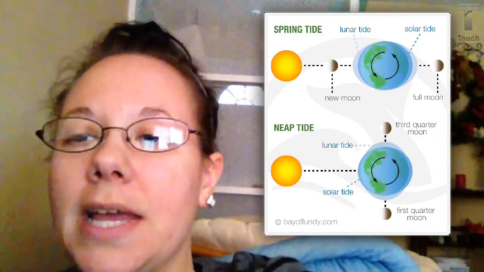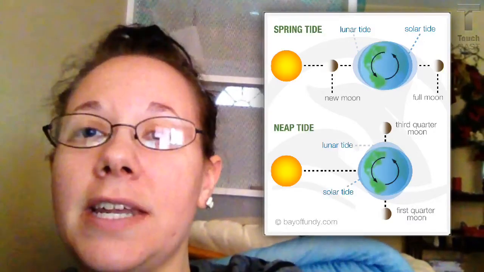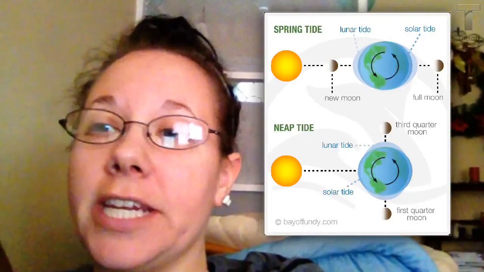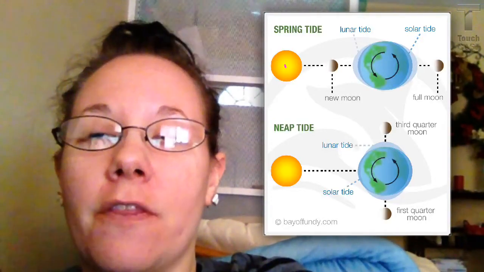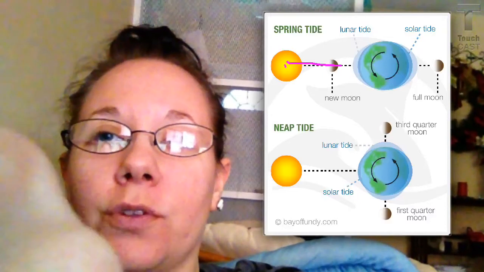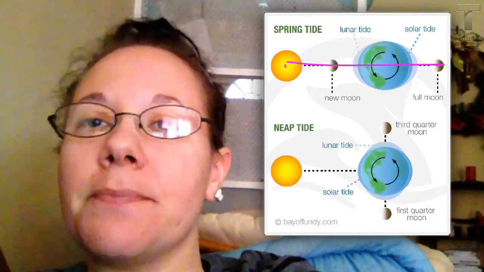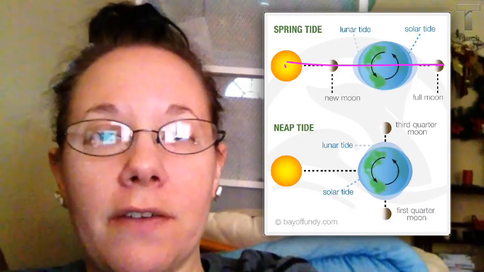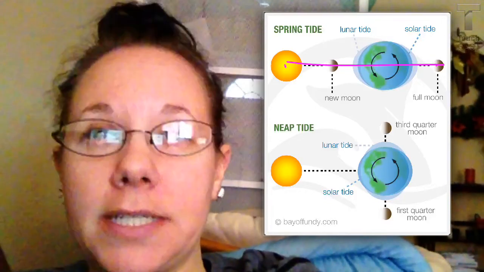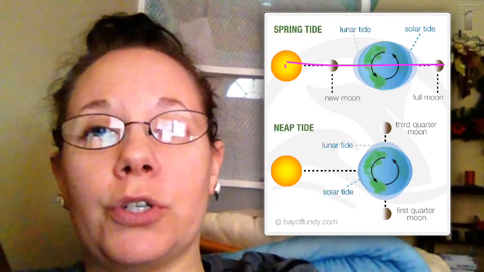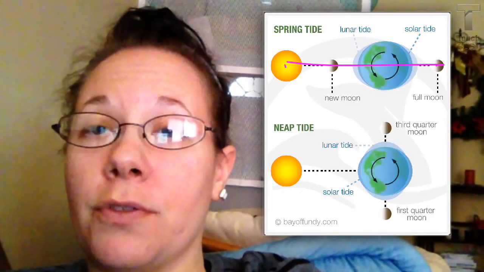Now, sometimes the sun and the moon and the earth are going to line up in a specific way, and so their gravitational pulls are going to act together. You'll see in this picture that we call this first one a spring tide, and you'll notice that the sun, the moon, and the earth are directly in line with each other, so 180 degrees. This means that all of the gravitational pull from the sun plus the moon is going to react together, and they're going to pull the ocean on the side closest to both of those bodies.